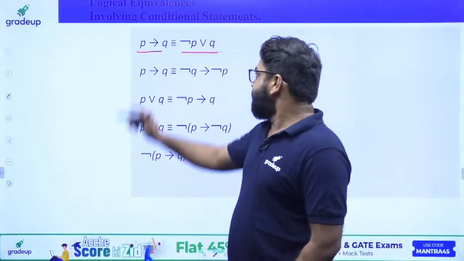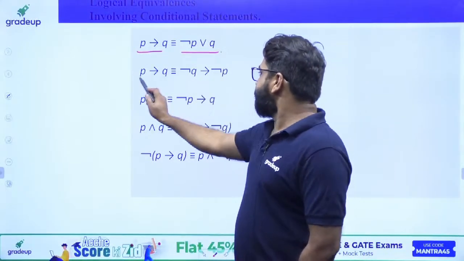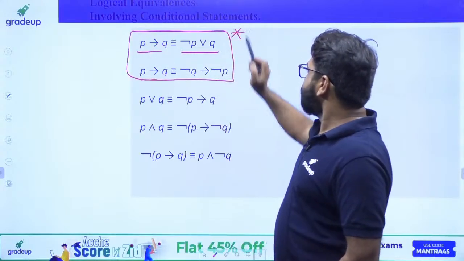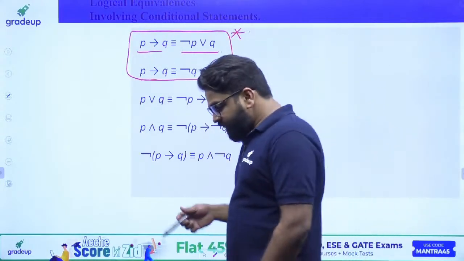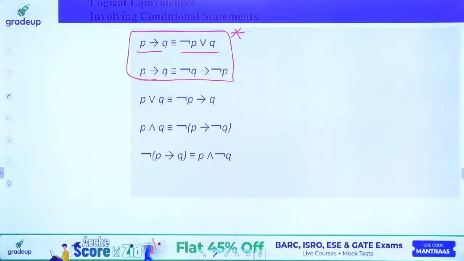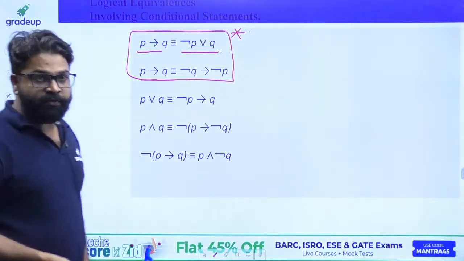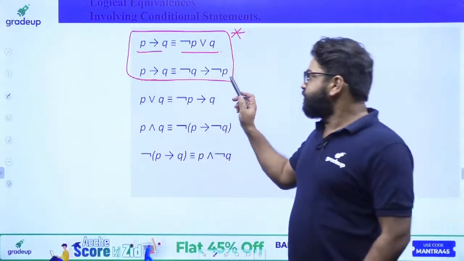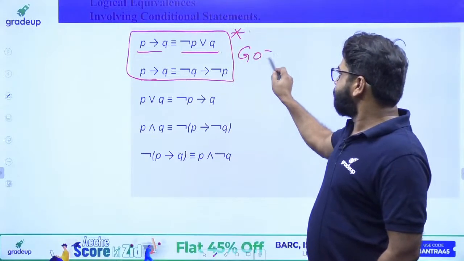So P implies Q. Now this is the contrapositive, and these two things are very important. Students, if a GATE question consists of implication and you don't know how to proceed and solve it, then always remember, in my class I used to call this the God's rule.